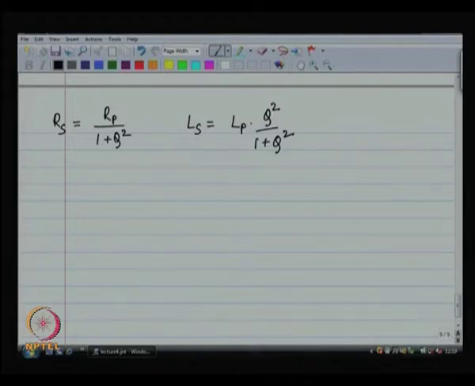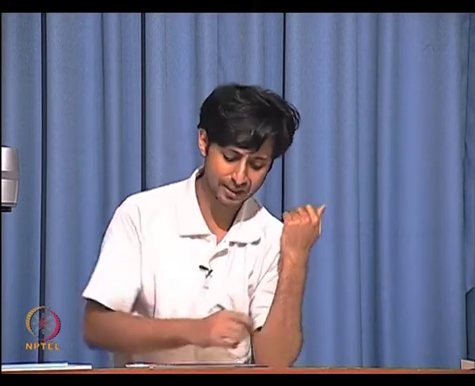So, L s is almost equal to L p when q is 5. Okay. What happens to the resistor is something very dramatic. The resistance value has to drop dramatically by a factor of q squared. 1 plus q squared is almost equal to q squared, right.